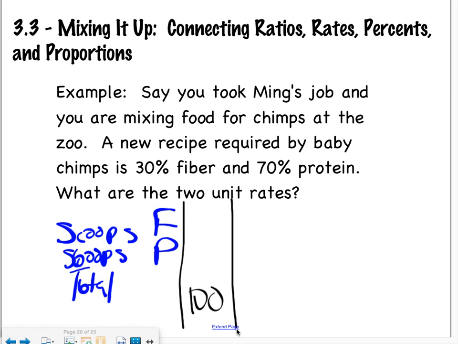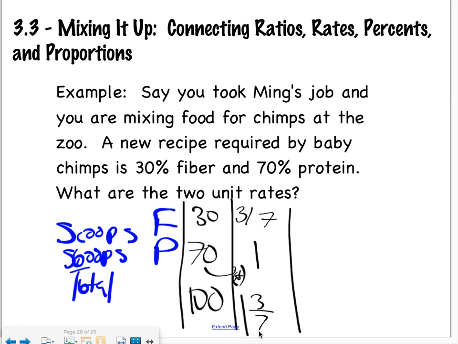Well, since it's 70% protein, that would be 70, and 30% fiber, that would be 30. Now, what if we want to find the unit rate for just 1 scoop of protein? Well, we would have to divide 70 by 70 to get the 1, so we divide 30 by 70, which reduces to 3/7, right? So here we divide by 70 or multiply by 1 over 70. Okay, and then the total is 1 plus 3/7, which gives you 1 and 3/7 total scoops.